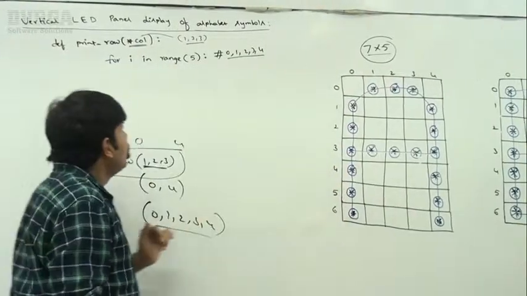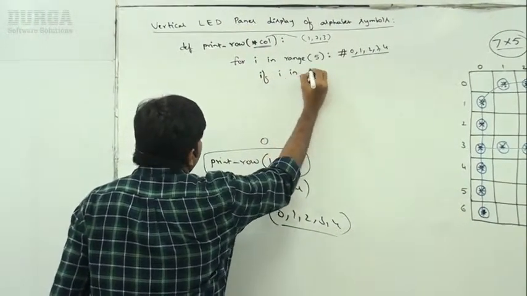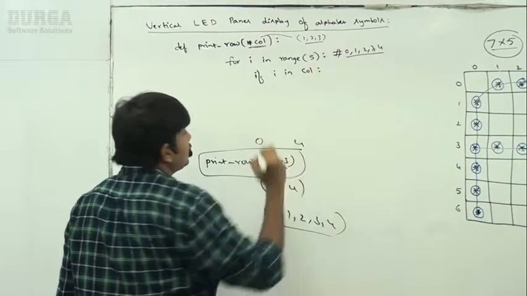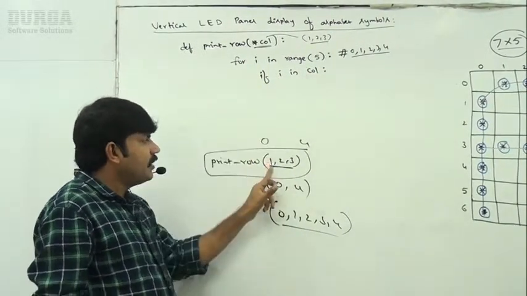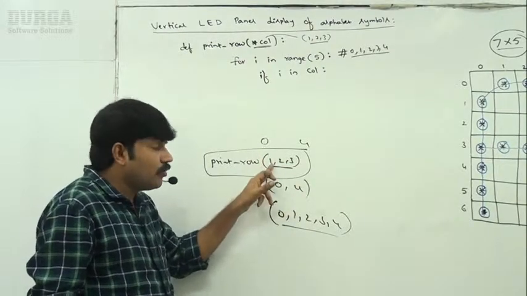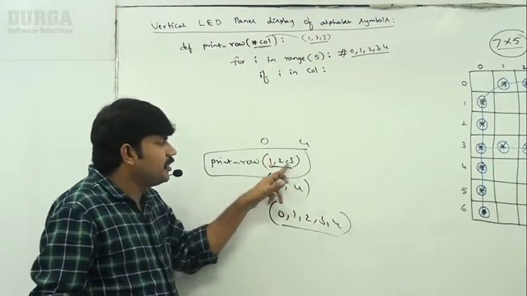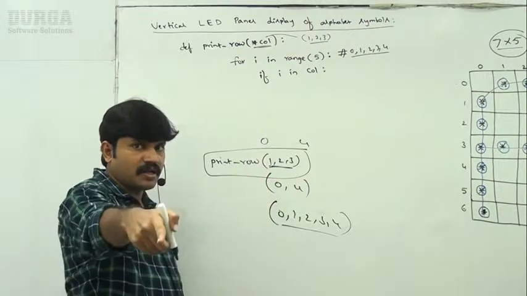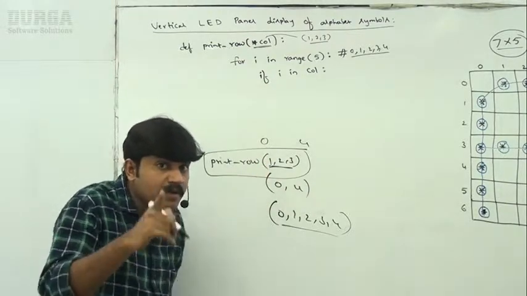If this i value is in the specified list, the call, then print star. If the i value is not in the specified list, print a space.